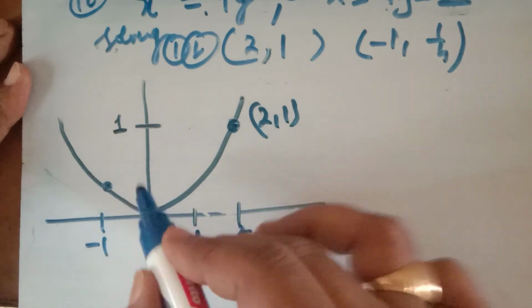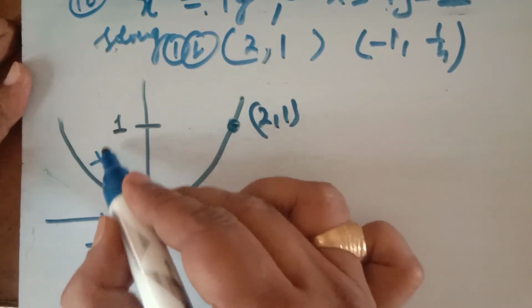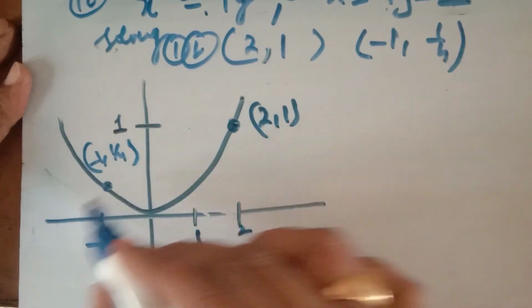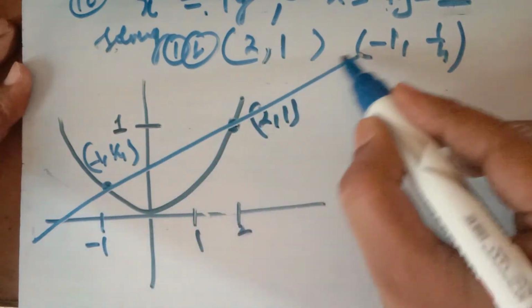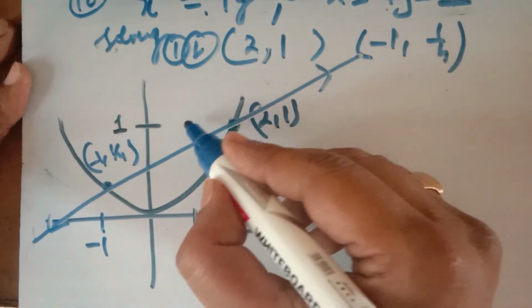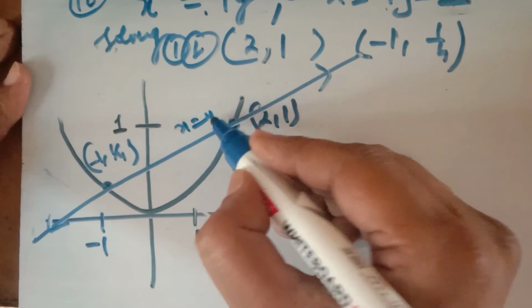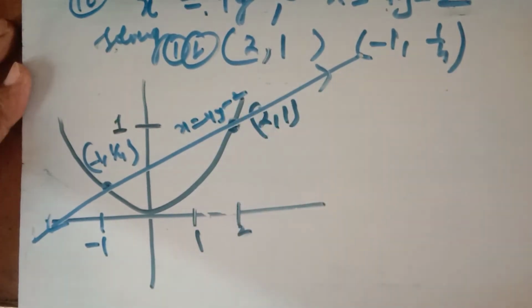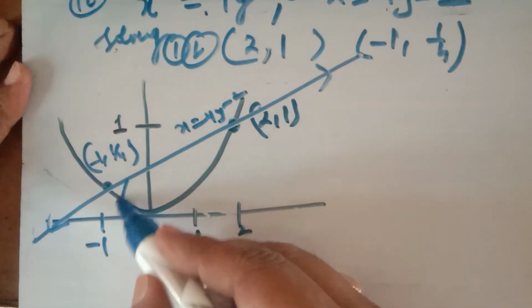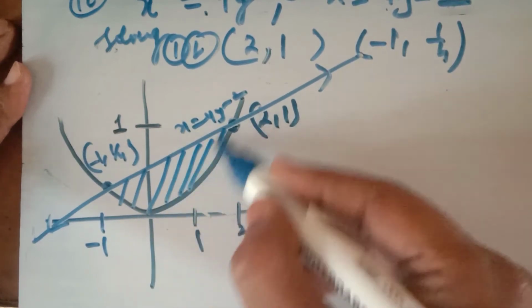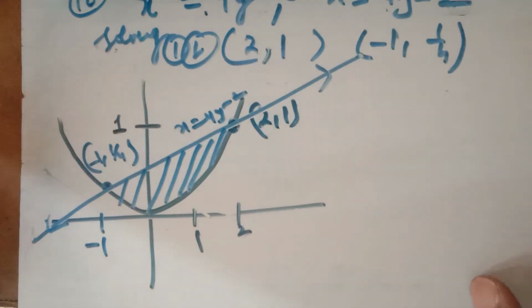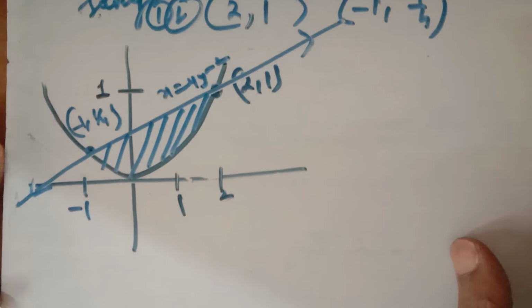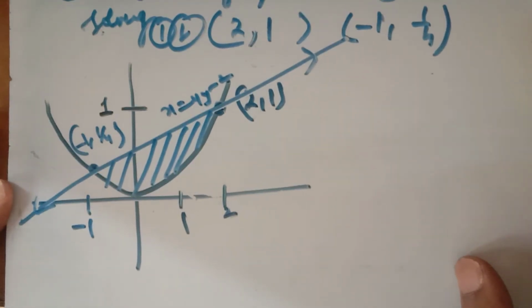The straight line x = 4y − 2 passes through these two points. What you have to do is find the area bounded by these two curves, which is this area. This is the sketch after finding the points of intersection, which is the first step.